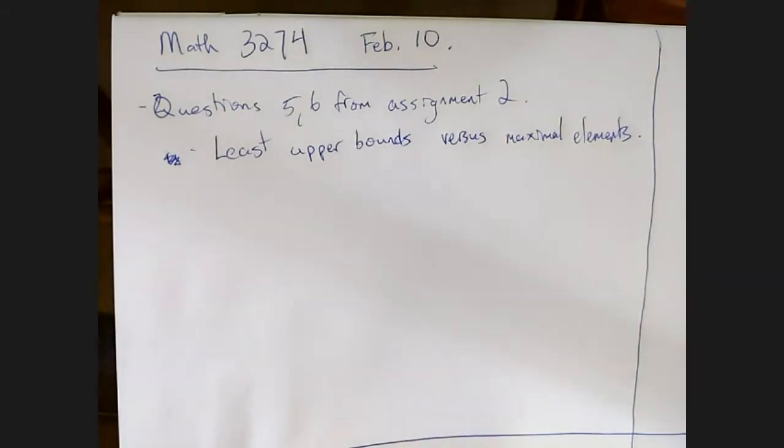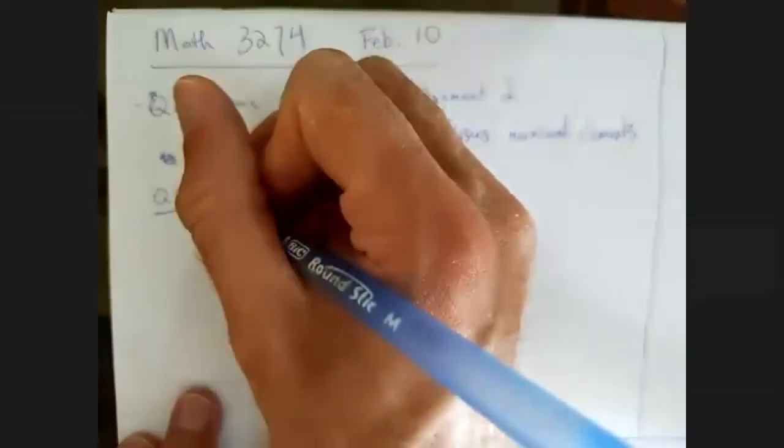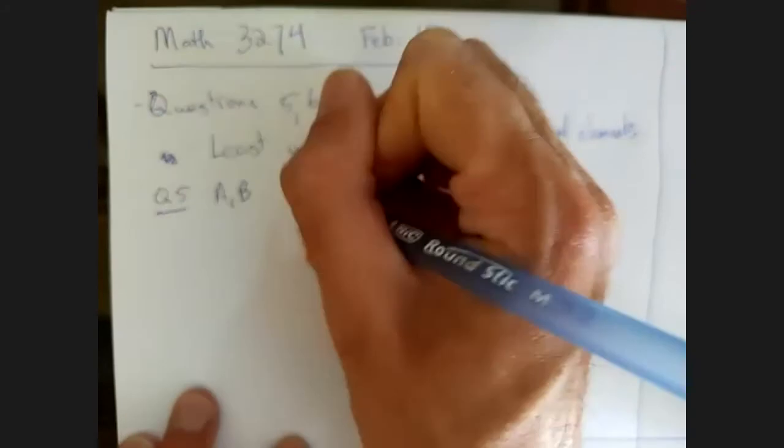Okay, so let's start with question 5. Question 5 says, A and B are sets.